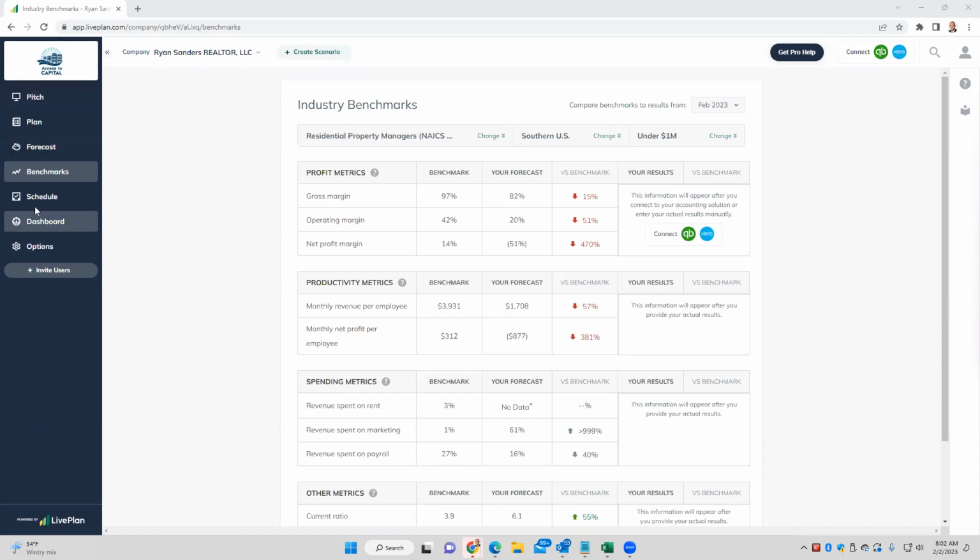The main menu bar is on the left, and we'll go through each of these briefly: pitch, plan, forecast, benchmark, schedule, dashboard, and options. And then they can even go in and invite their CPA, invite their legal counsel, and so forth, if they want other people to have access to it. But by design, we'll have access to it and the client will have access to it.